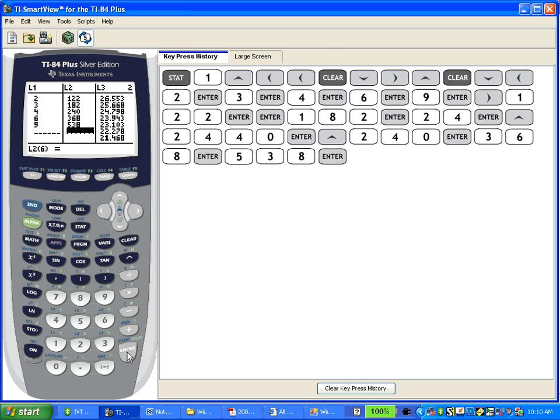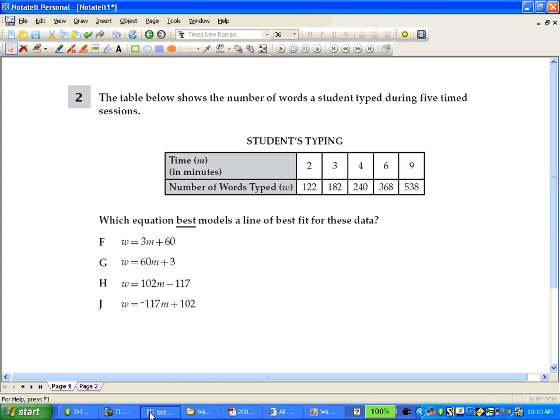Alright, so 5 values in the X and 5 values in my Y list, and I should be good to go. Let me just verify.